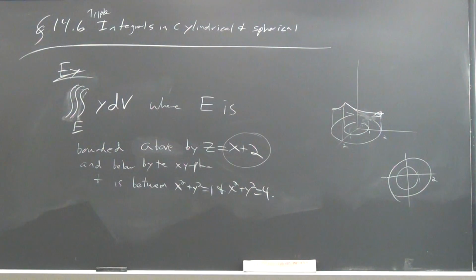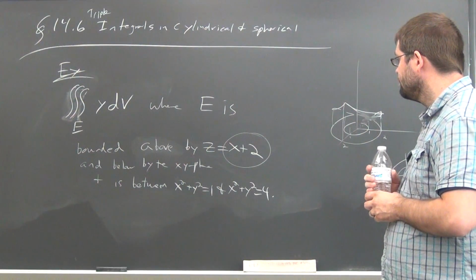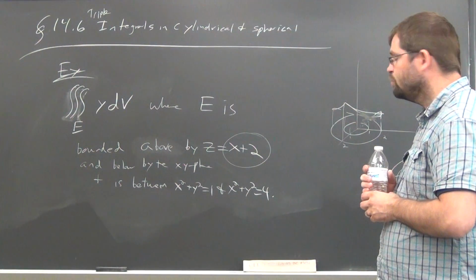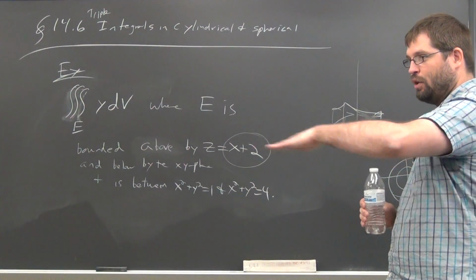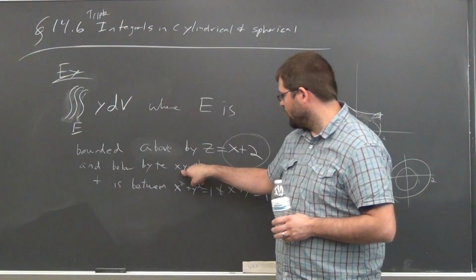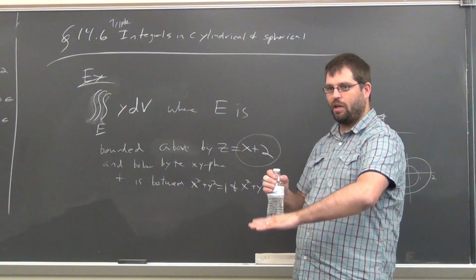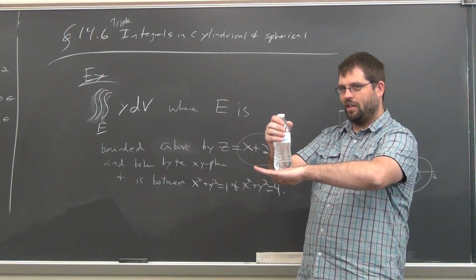I want to ask about the below side, the xy plane. What's that? So the region is bounded below, so the bottom of the region is the xy plane. Bounded below, so the region sits on top of the xy plane.